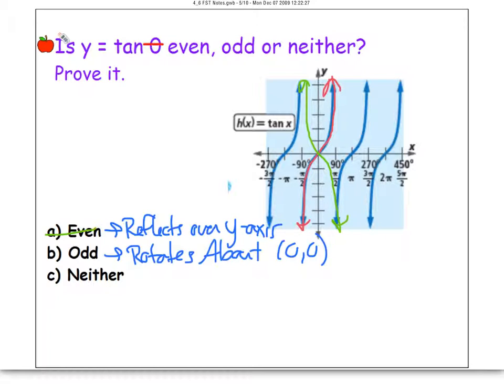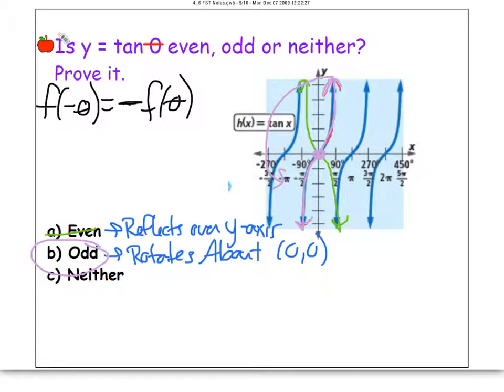Now, if it were odd, we would hold it steady at the origin, and we would take this red graph and rotate it. If we rotate it 180 degrees, it actually ends up becoming itself again. So this function does end up being odd. Now to prove it, remember the test is, if we put in a negative theta for odd, we're going to get the opposite of the original.